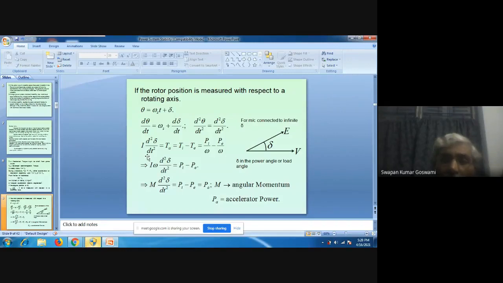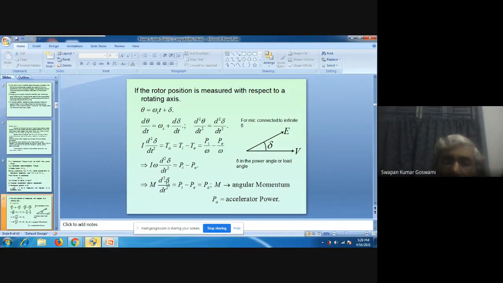Let us bring omega here: I omega d2 delta dt2 equal to Pi minus Pe. I omega is the angular momentum M; the moment of inertia times the angular speed is called angular momentum.